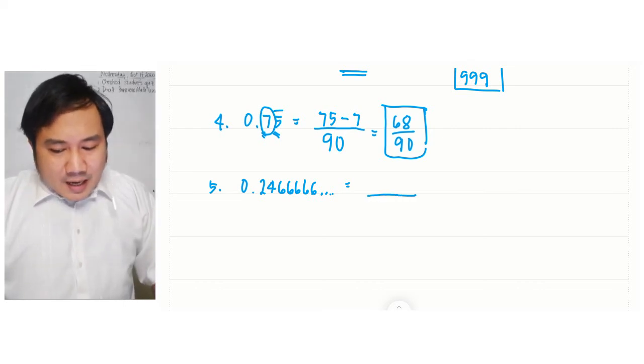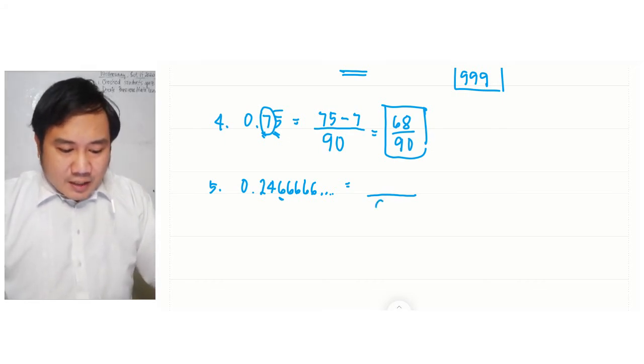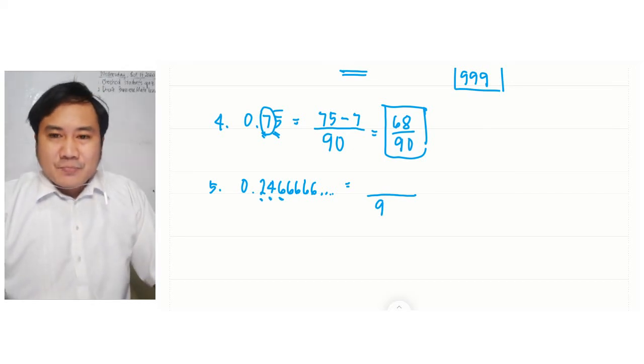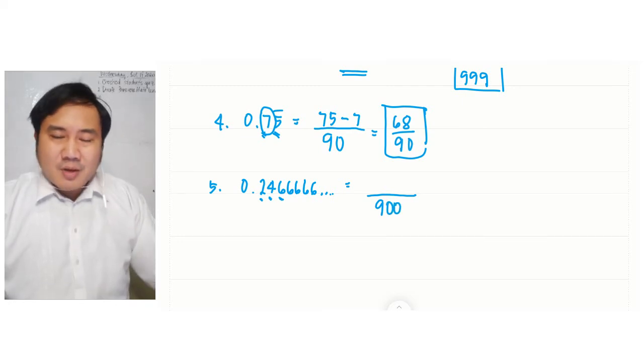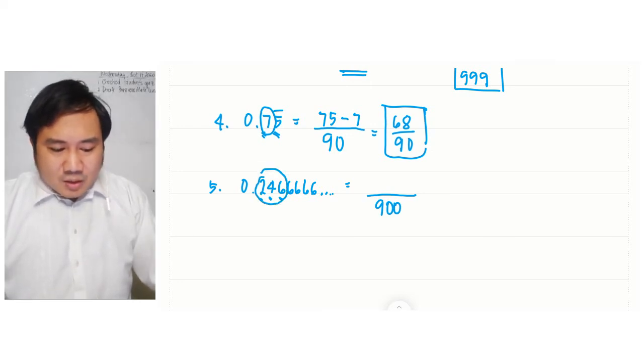So, again, ilang digits yung nauulit? Isa lang, which is 6. So, isang 9 lang sa denominator. Ilang digits yung hindi nauulit? Dalawa, 2 and 4. So, our 0 on the denominator are dalawa. Next, sa numerator, you're going to write 246 minus yung digits na hindi nauulit, which is 24.